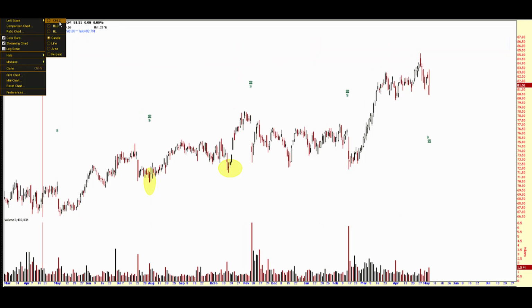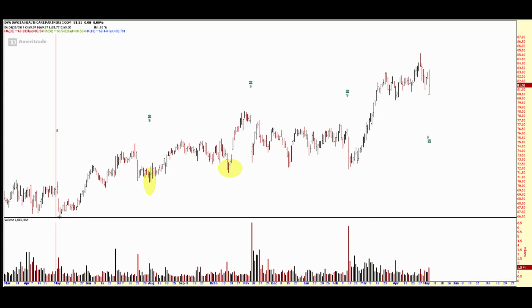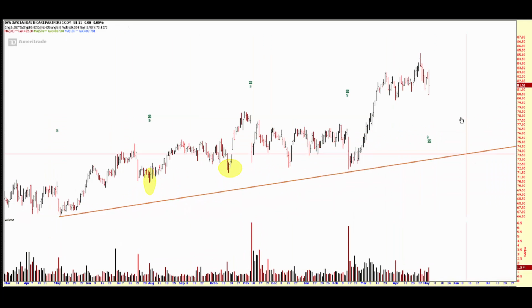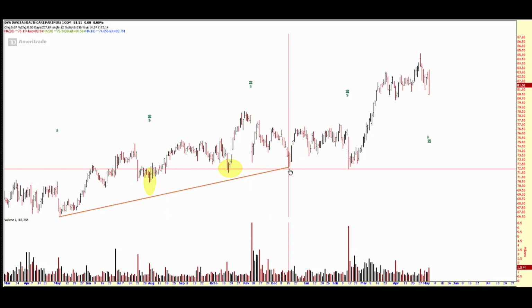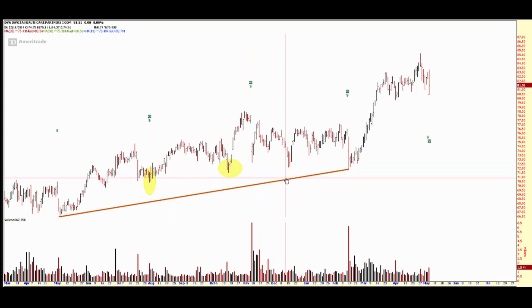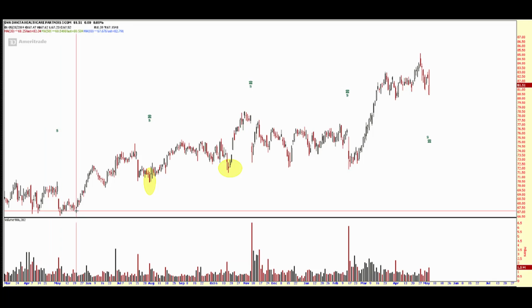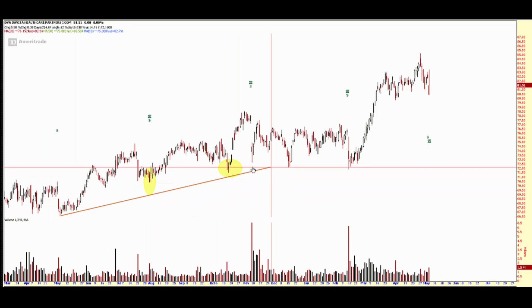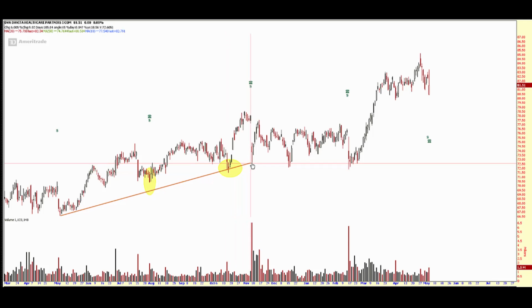If you change it to open, high, low, close, then you can see the points are a little more well defined, because you can see the really small lows and so on. But nowadays, most charting platforms have an auto magnetize feature, so if I put the line close to the bottom, it will just snap there.